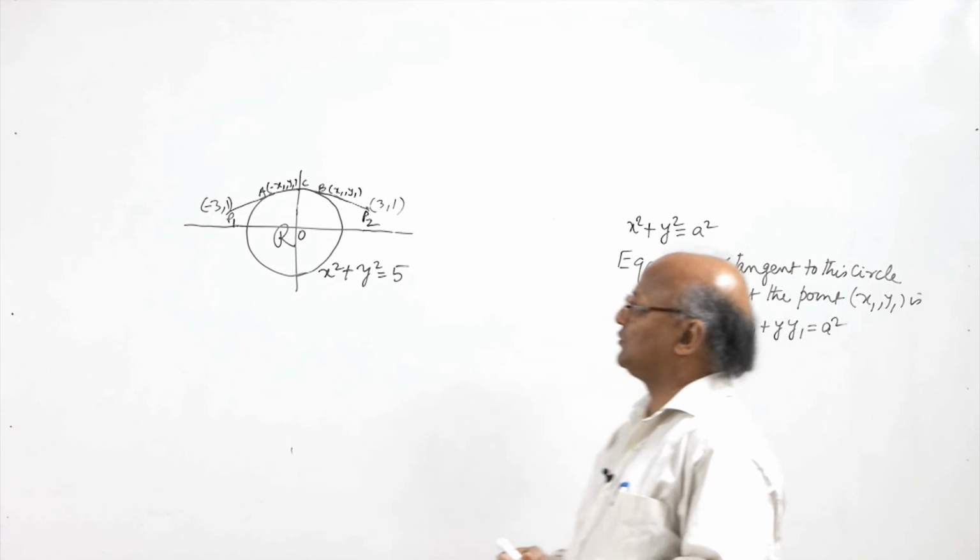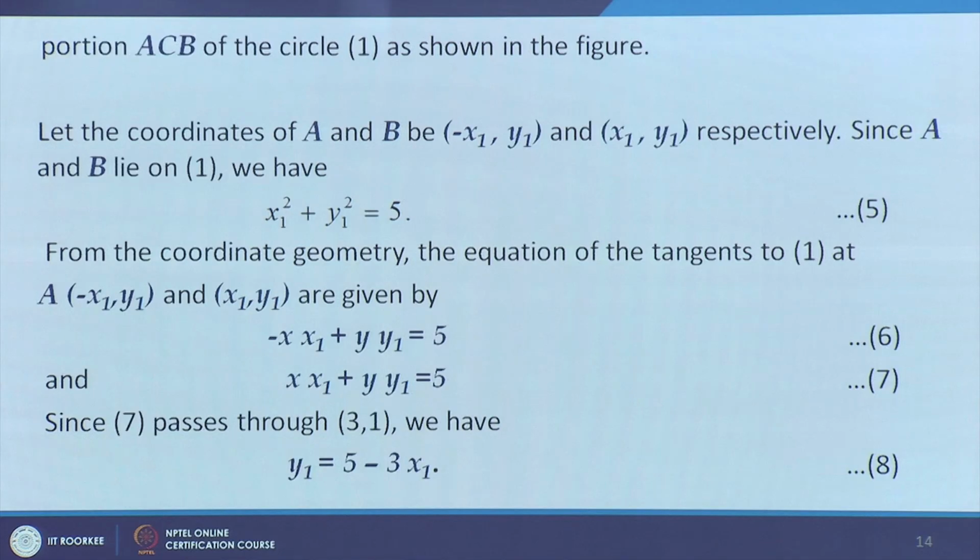So, making use of this we have the equations of the tangent lines P1A and P2B as minus x1 x plus y1 y equal to 5 and x1 x plus y1 y equal to 5.